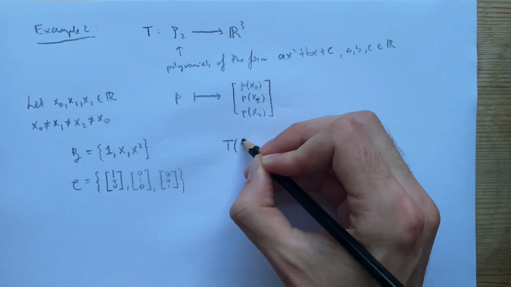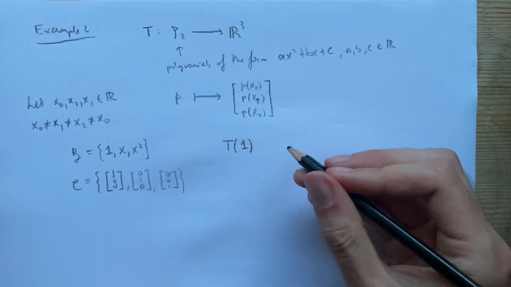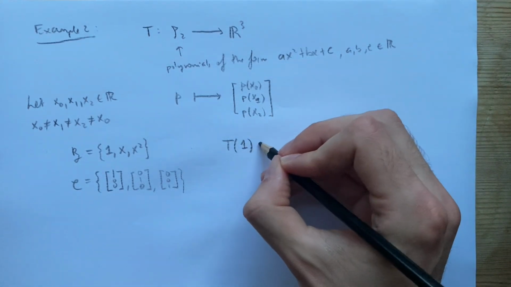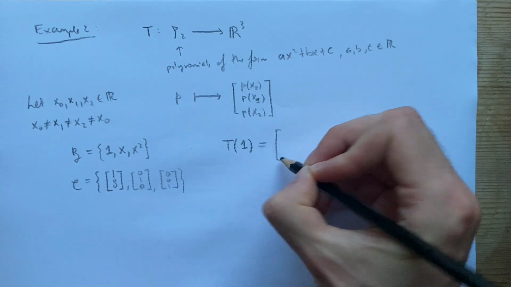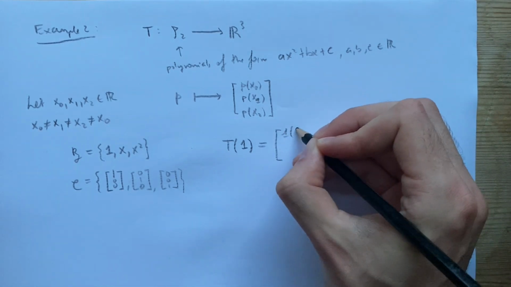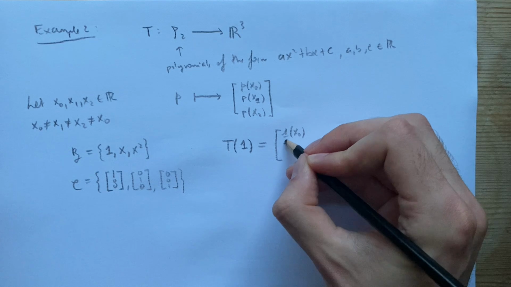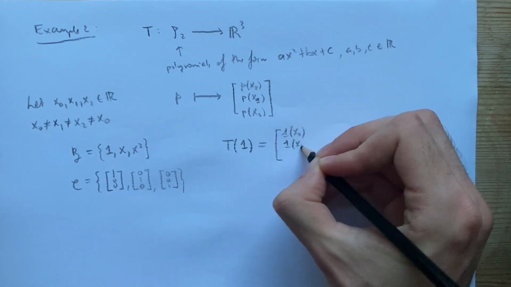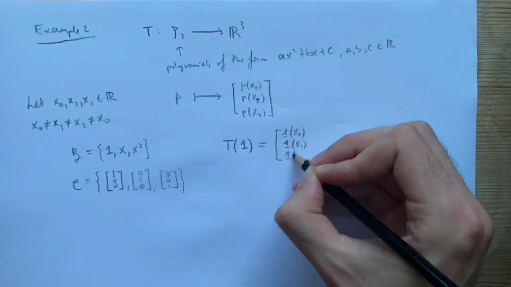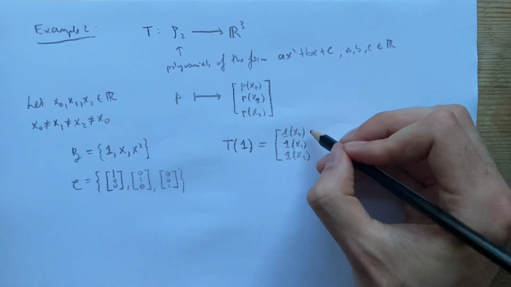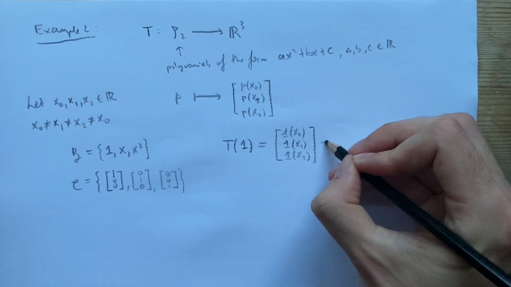So we want to determine what is T of the constant polynomial 1. Well, it is the constant polynomial 1 evaluated at the point x0, the constant polynomial 1 evaluated at the point x1, and at the point x2.